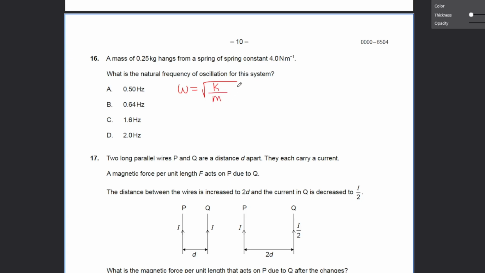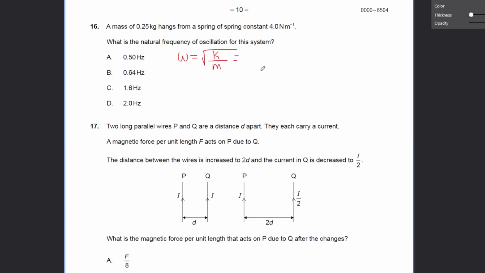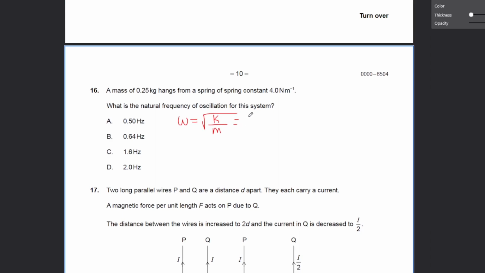Applying this for our case here, we have 4 over 0.25 and the square root of that. Well, that's just the square root of 16, which is 4. So we have 4 radians per second. But now we need to convert to the natural frequency.